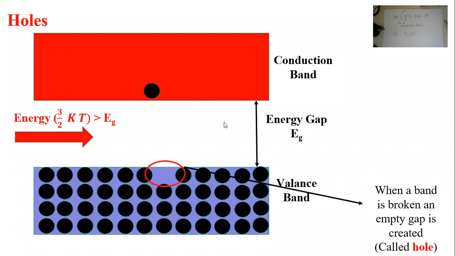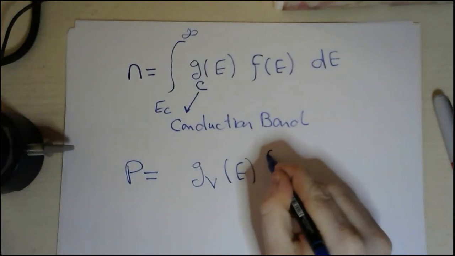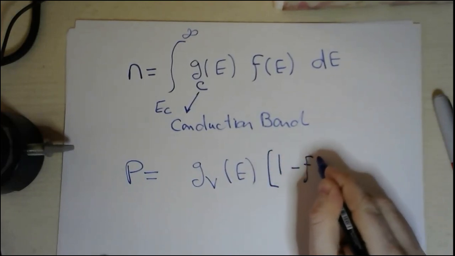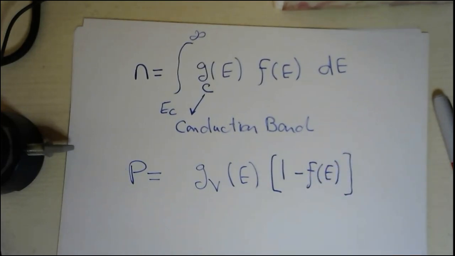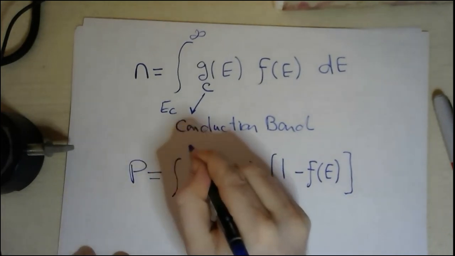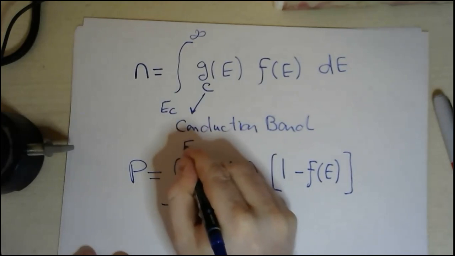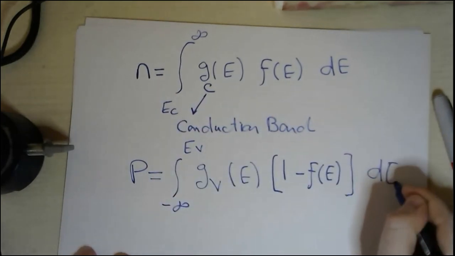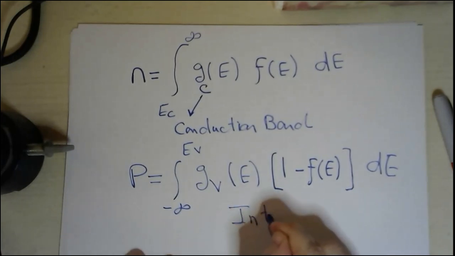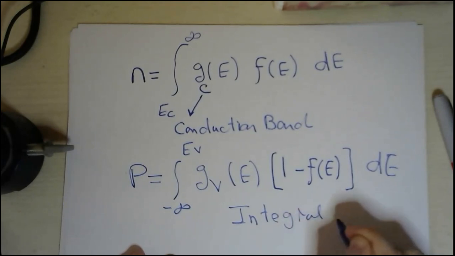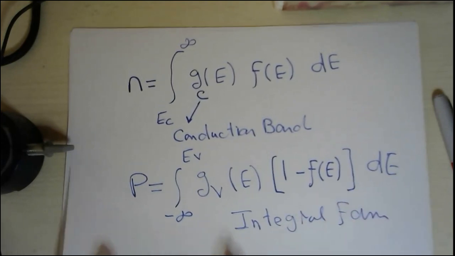So, very simple. The probability to find a hole in the valency band is 1 minus the probability to find an electron. And again, we have to limit this definition only to the valency band. So we will make the integration from negative infinity to EV, dE. This is what I call the integral form to determine the number of electrons and number of holes.